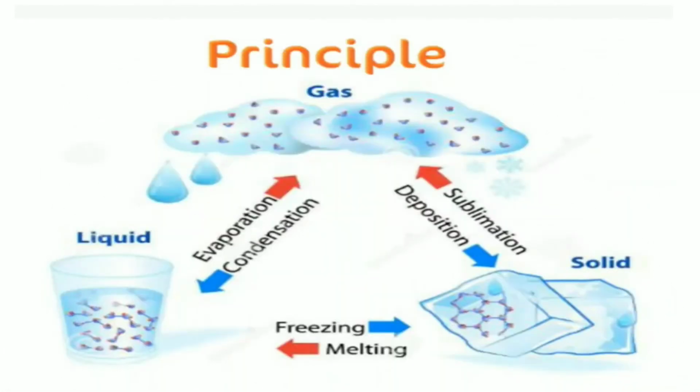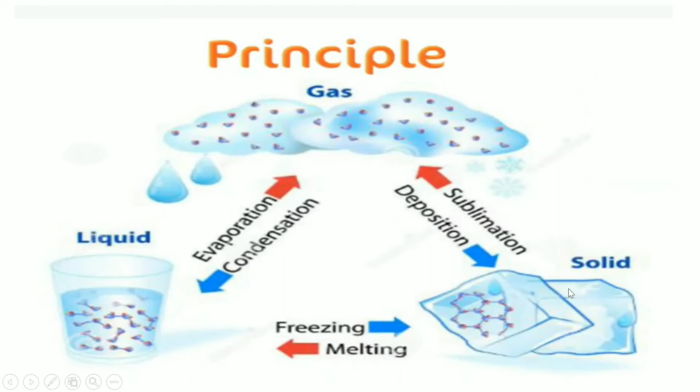Now we will see the principle of this freeze dryer or lyophilizer. As we know, when liquid gets evaporated, it will convert into gas. When gas is condensed, it will be converted into liquid. When liquid is frozen, it will convert into solid, and when solid melts, it will be converted into liquid.